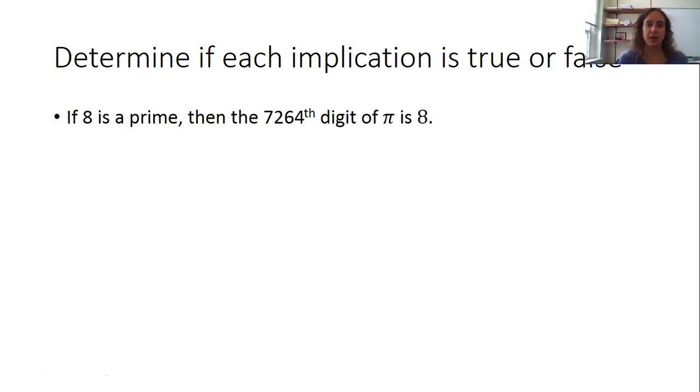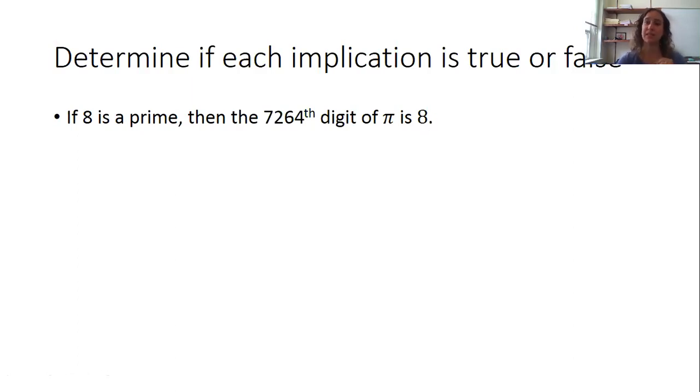All right, next example. If 8 is a prime, then the 7,264th digit of pi is 8. Again, we're thinking about this in two pieces, the P and the Q. The P here, 8 is a prime, is clearly false. 8 is not a prime number. And the Q is the 7,264th digit of pi is 8. Honestly, I have no idea whether that's true or false.